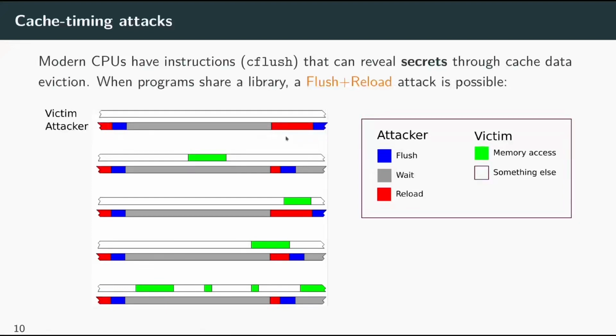If the reload step takes a long time, this means that the victim process did not read that memory access. However, if the reload step takes a short amount of time, this means that the victim's process actually read that memory access, and the adversary can use this information to distinguish between the two cases.